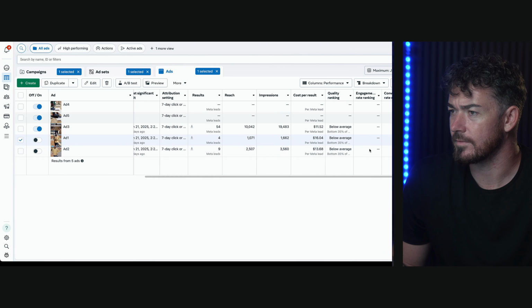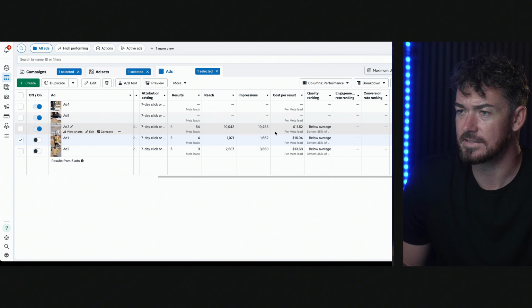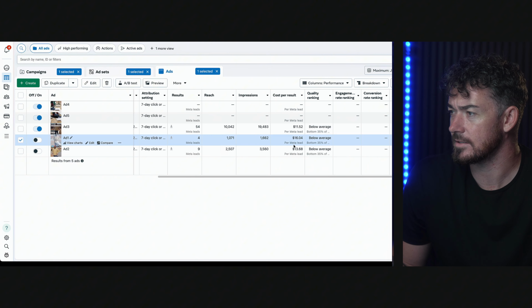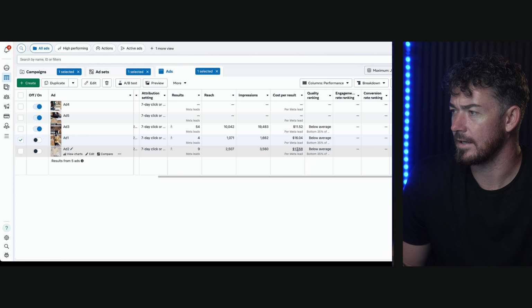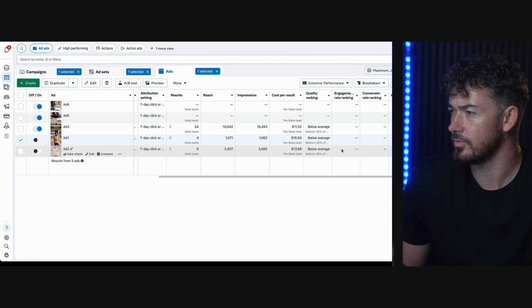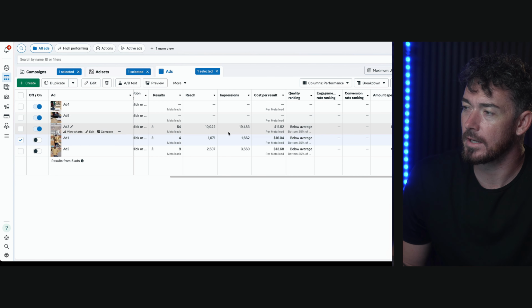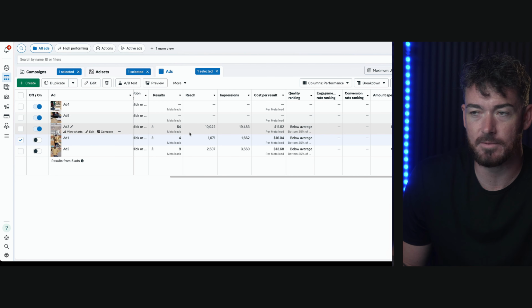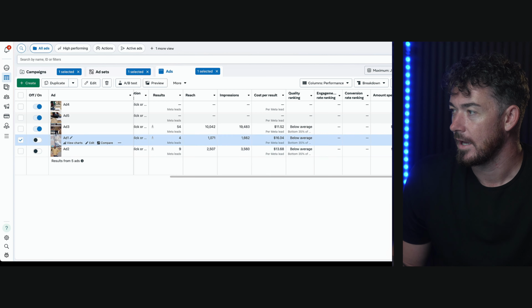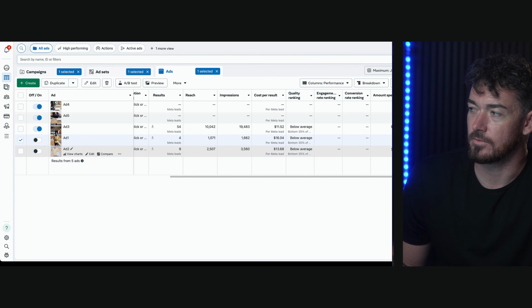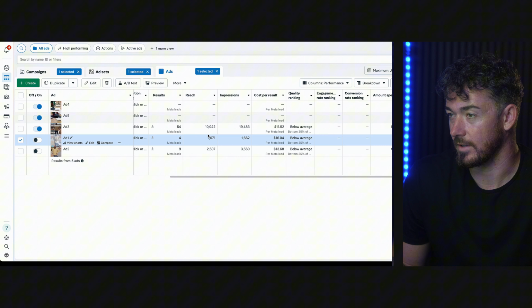In total, our CPL on ad number 3 is about $11, $16 on ad number 1, and about $14 on ad number 2. So not quite wasted, but we could have gotten better results if all of that money was going to ad number 3. We would have saved about $200 over the time that we were running these ads.